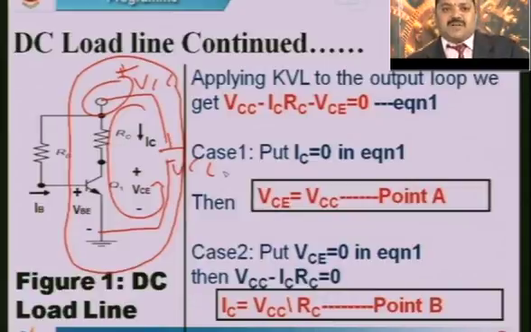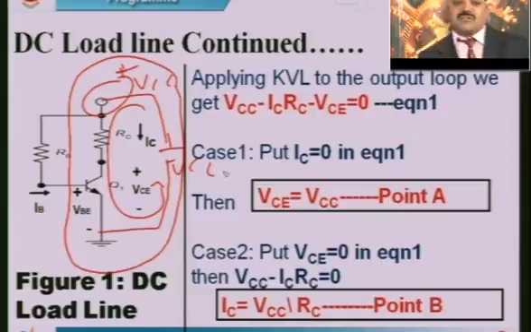The algebraic sum of voltages in a loop is equal to 0. Then when we come to RC and IC, when we multiply IC and RC, it is a voltage drop in RC. So, plus VCC minus IC RC minus VCE equal to 0; that is equation 1.